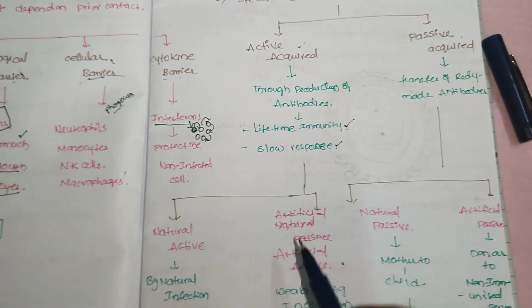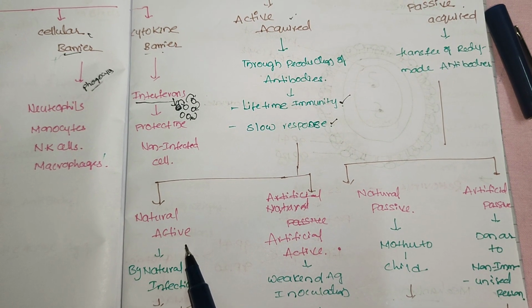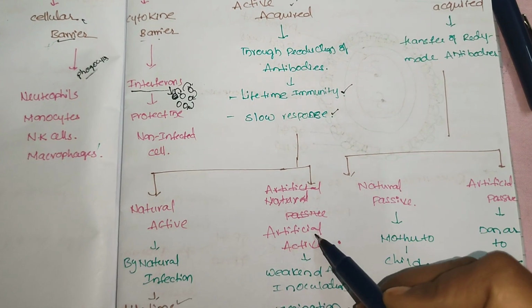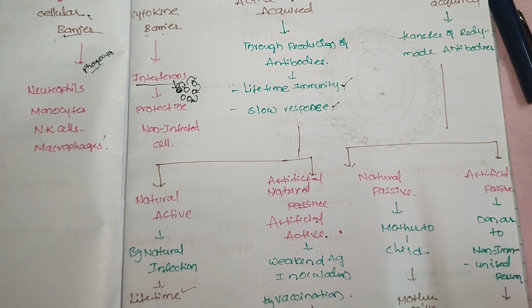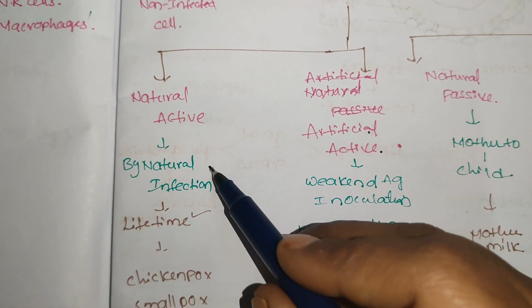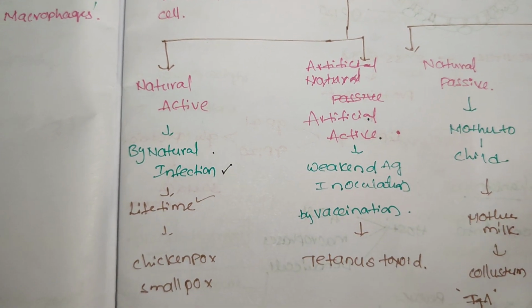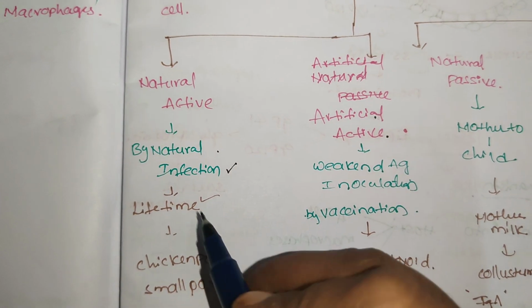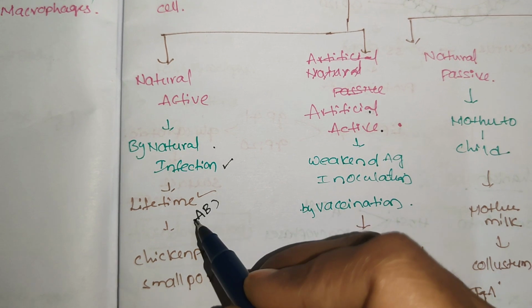In active, there are two types: natural active acquired immunity and artificial active acquired immunity. Natural active means by natural infection of the microbes. They will produce antibodies for a lifetime.